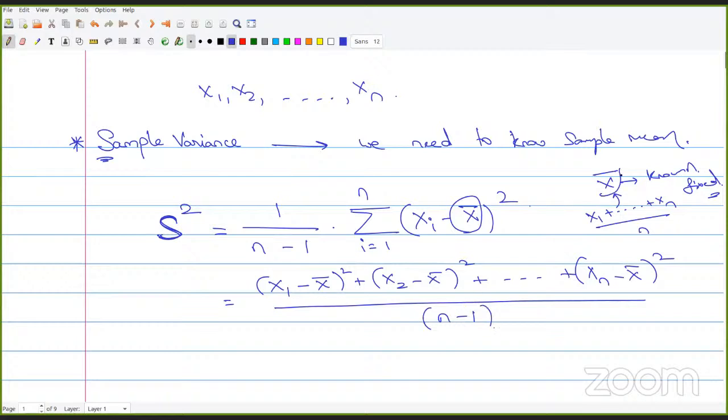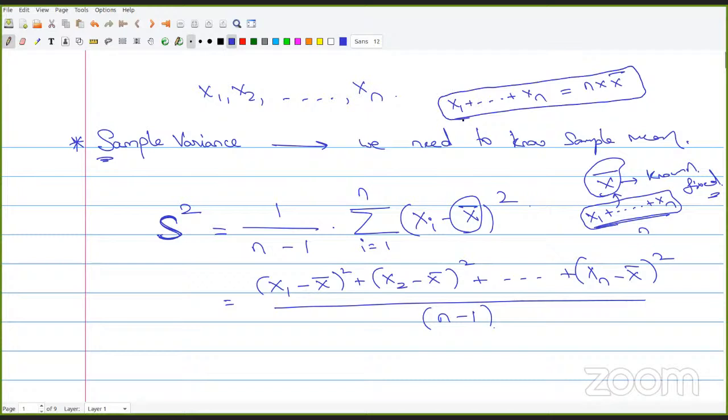Once you know x bar, that means you know the sum of all the random variables, which is fixed: n times x bar, which is nothing but x1 plus up to xn. Try to understand this. And this is fixed, something like mu naught.